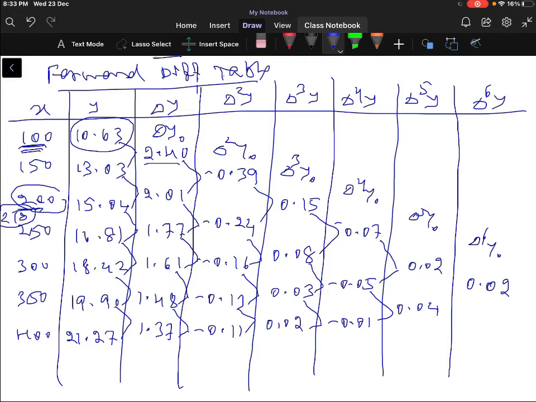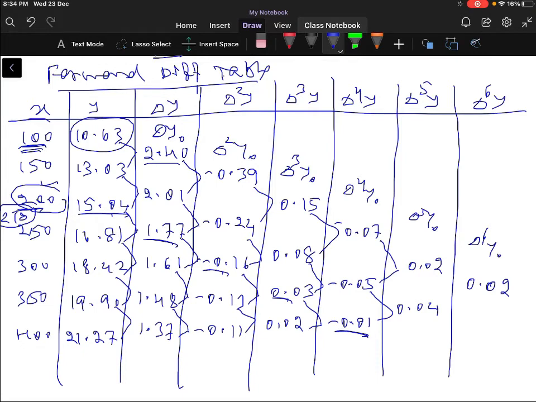If we take x naught is 200, we consider 15.04 as y naught, delta y naught is 1.77, delta square y naught is minus 0.16, delta cube y naught is 0.03, delta 4 y naught is minus 0.01. That is one possible way if I consider x naught is 200.